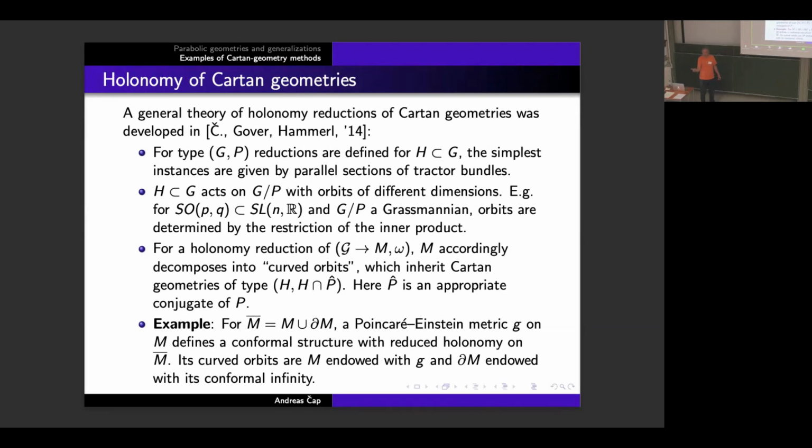And the holonomy reduction, the two Cartan geometries that you get here, give you a Riemannian metric on M, which is the given Poincare-Einstein metric, and they give you a conformal class on the boundary, which is the conformal infinity. So you have encoded the whole data in the interior and the data on the boundary into one object, which is the holonomy reduction, or which is the parallel section of the tractor bundle.